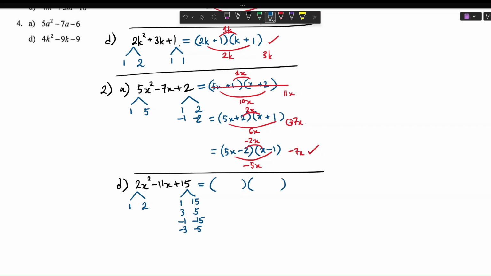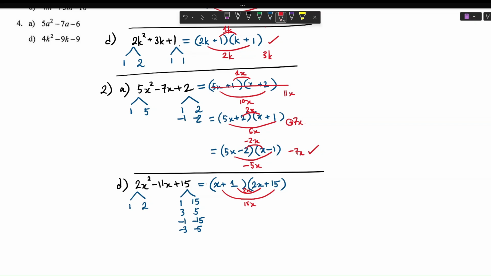Now for a guess and check, so 2x squared could come from 1x times 2x, and 15 could come from 1 times 15. Now, if we do that, you'll notice that you get quite large numbers, right? You're going to see 2x and 15x that becomes 17x.